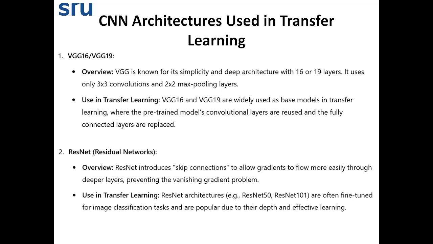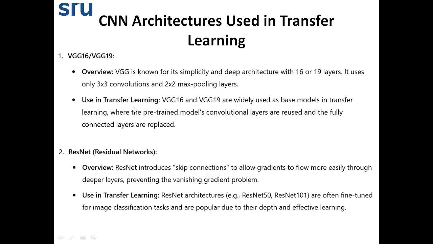CNN architectures used in transfer learning. First one here, VGG16, VGG19. Overview: VGG is known for its simplicity and deep architecture with 16 or 19 layers. It uses only 3 cross 3 convolution and 2 cross 2 max pooling layers.